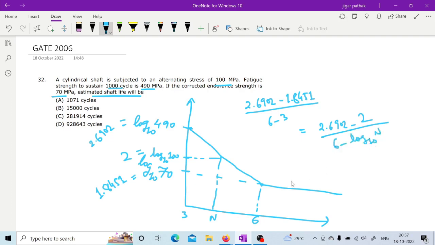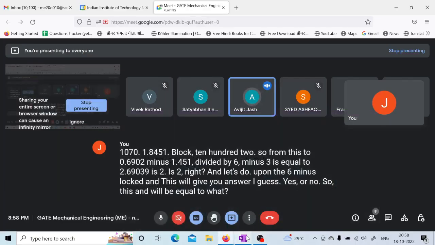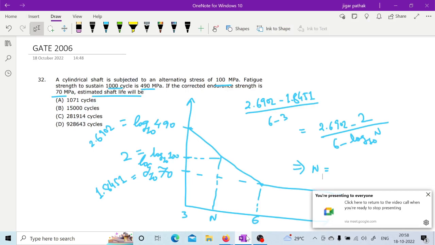This will give you the answer, I guess. Yes or no? So this n will be equal to what? 3, right? Option C.